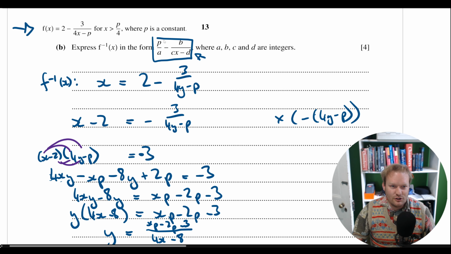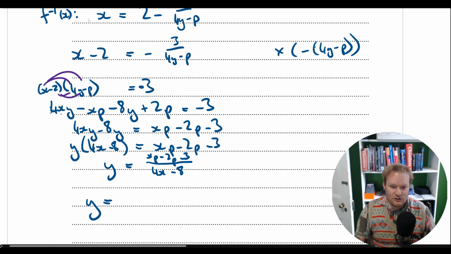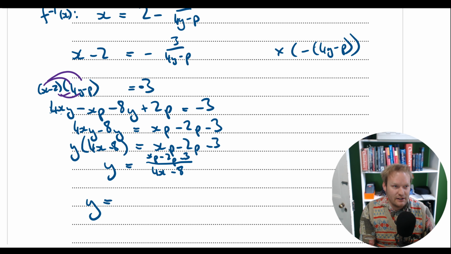Looking at the first term over here, there are p's in it, and in the second term, there are no p's. In other words, let's try to factorize out and get some p's in the mix. So I've got p times x minus 2, out of those first terms, minus 3.